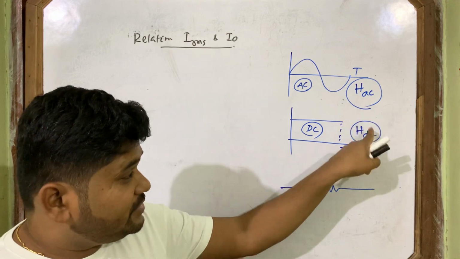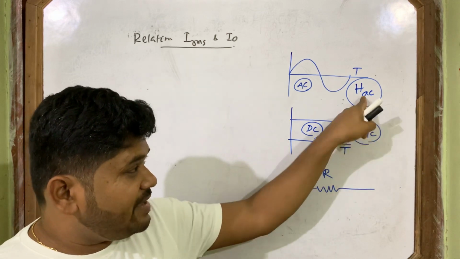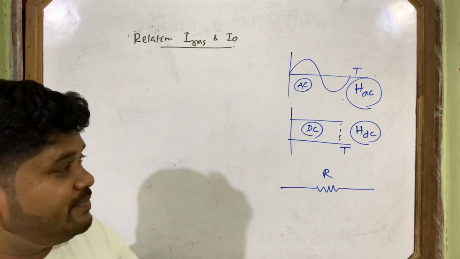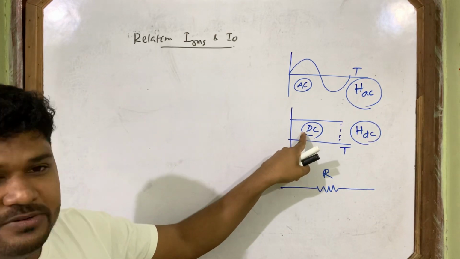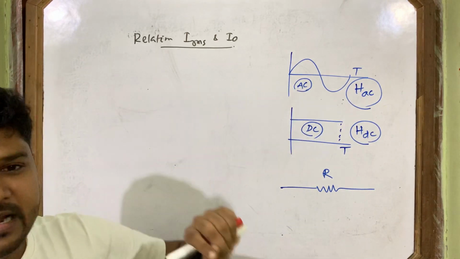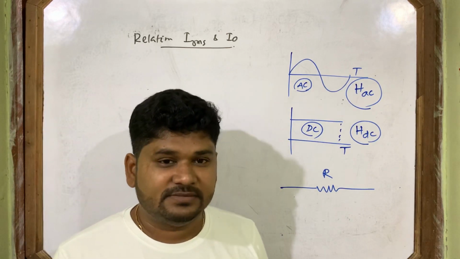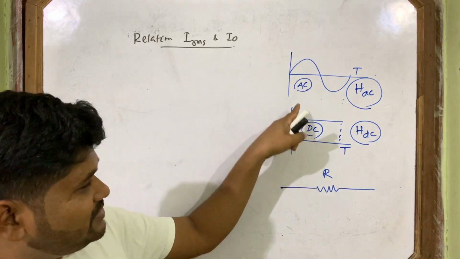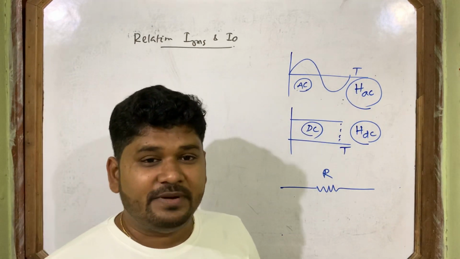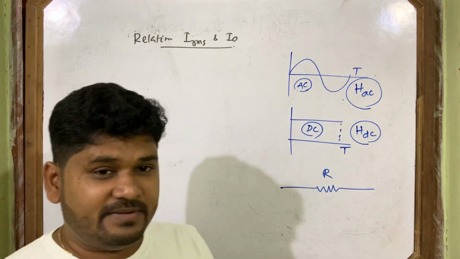If both heat produced is the same, then this DC value is called the RMS value of AC.